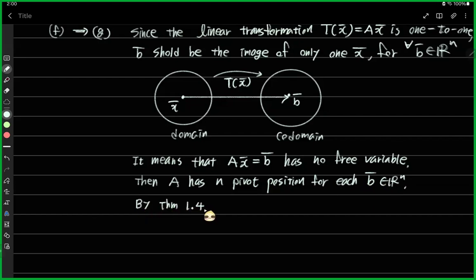So that was the short version of theorem 2.8. This is a really important theorem. I introduced that last time, right? Here it says AX bar equals B bar has at least one solution.